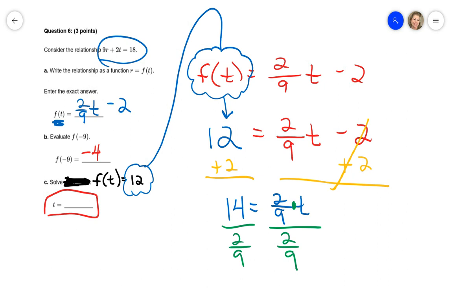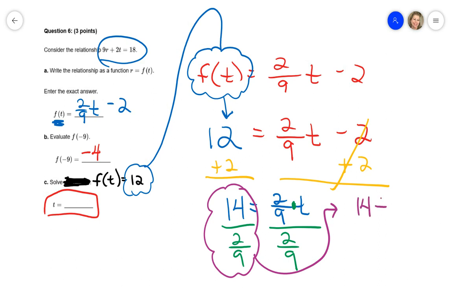But writing it like this, I can also write it like this. 14 divided by 2/9. And if you remember anything about fractions, when you divide, you change it from division to multiplication and change the number you're dividing by to its reciprocal.